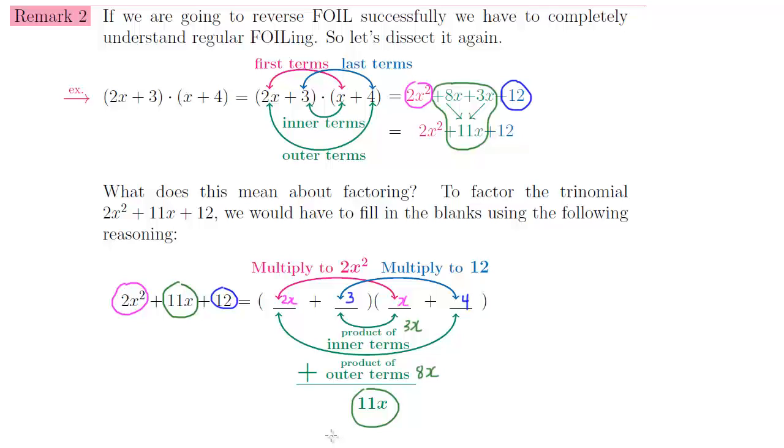So in order to factor trinomials, it's essentially a guessing game where you fill in 4 blanks. The first 2 blanks have to multiply out to the x squared term. The last 2 blanks have to multiply out to the constant term, but then you have to check that the inner terms and the outer terms add up to the middle term.